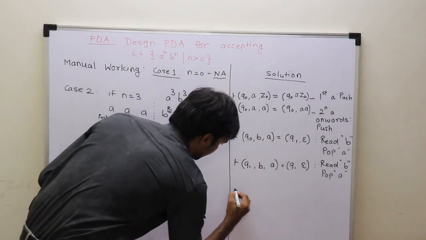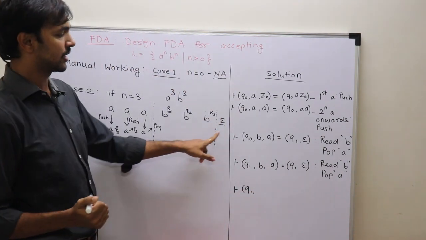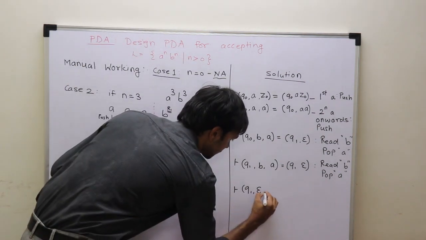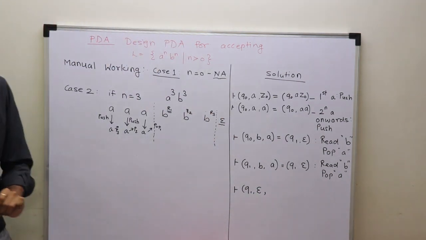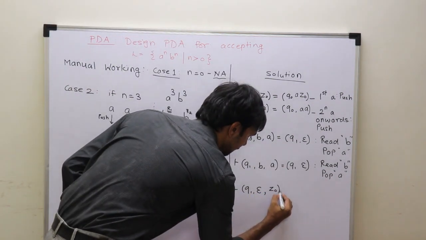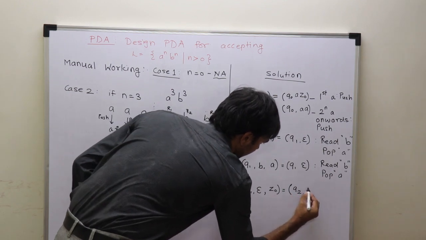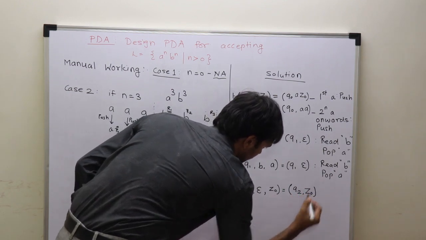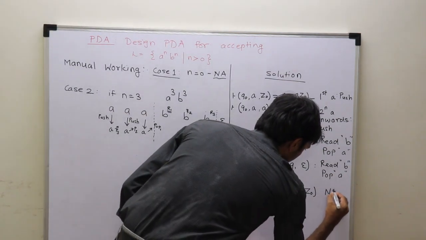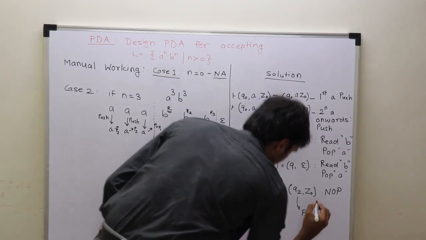So here, when the machine is in Q1 and tries to read nothing, so the machine wants to process nothing such that the stack is empty, in the sense the top of the stack must be what? Z0. The machine changes the state and performs no operation. So here no operation is performed and we can say this is a final state.